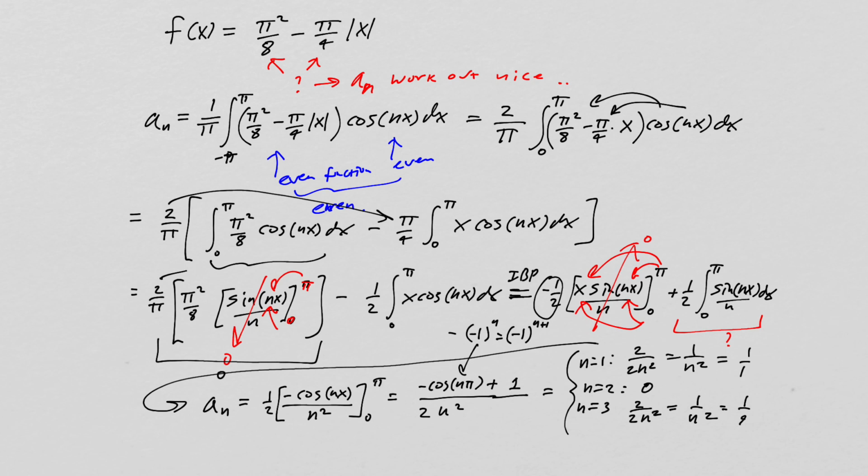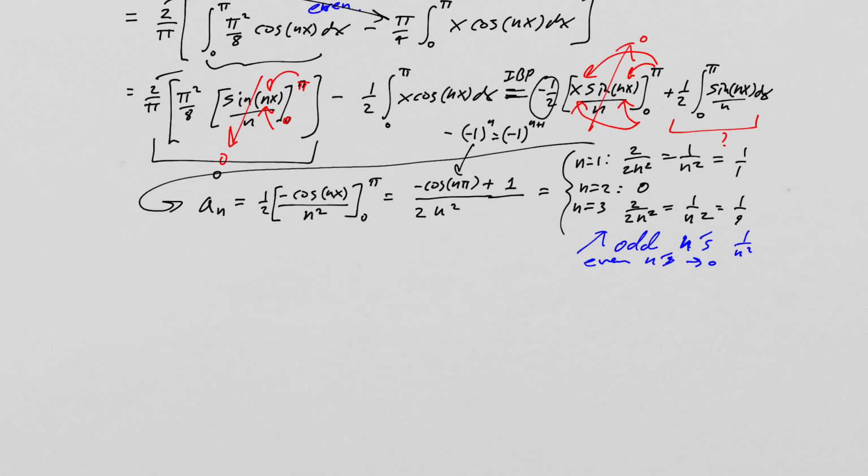So the take-home message here is clearly the odd n's have the 1 over n squared, and then the even n's, well, the coefficients are just 0.